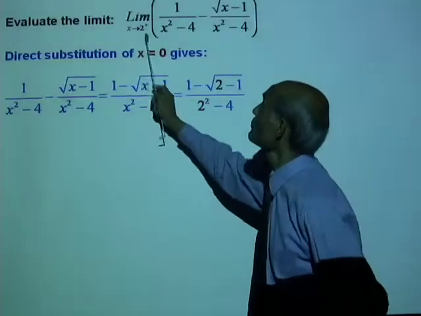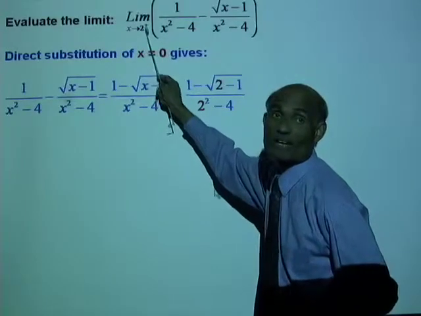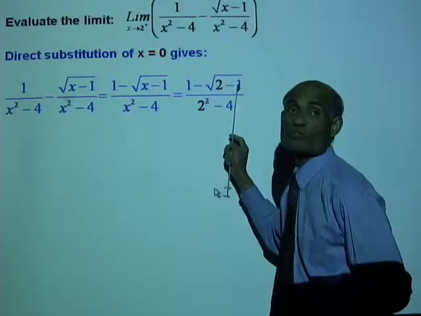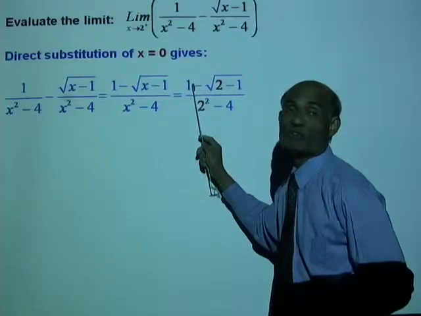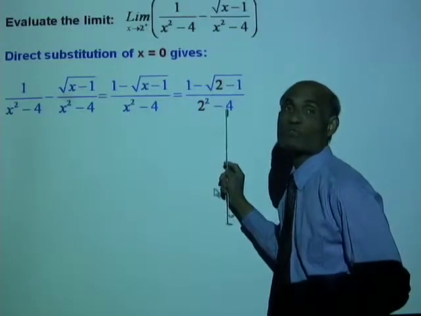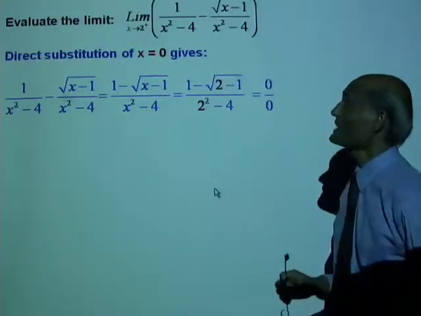If we replace x by 2, it will be 1 minus the square root of 2 minus 1, over 2 squared minus 4. Now, the numerator is 1 minus 1, that is 0. The denominator is 4 minus 4, that is 0. So this is of the indeterminate form.